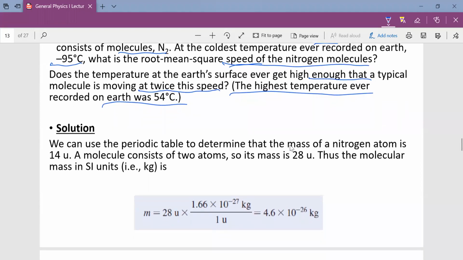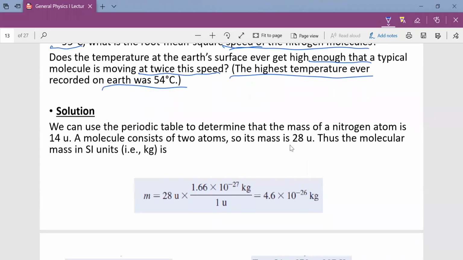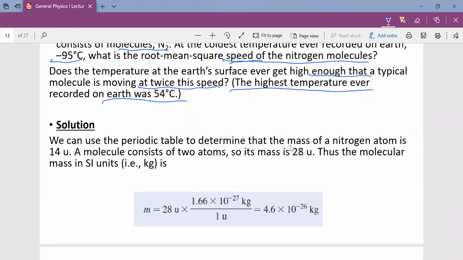So keeping that in mind, we begin solving our problem by determining the mass for such a system.